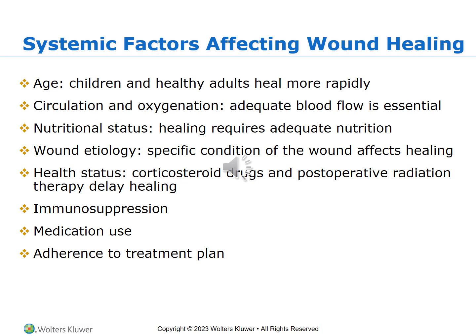So, adequate blood flow is essential, okay, because the red blood cells carry oxygen, right? And oxygen helps promote healing. In addition, red blood cells also carry other nutrients that help promote healing as well. So, no oxygen, no life, no healing, right? On page 1158, it starts at the last paragraph towards the middle.